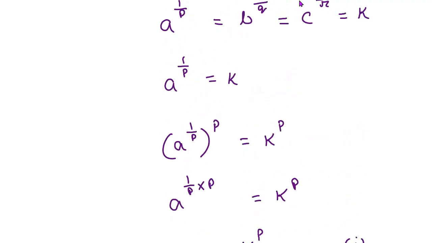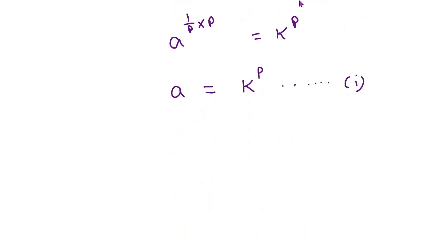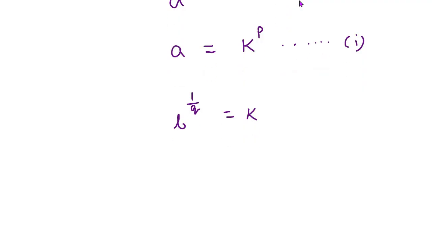Again, we can write it from here, b to the power 1 by q equals k. We can take qth power on both sides and we can write b to the power 1 by q whole to the power q equals k to the power q.